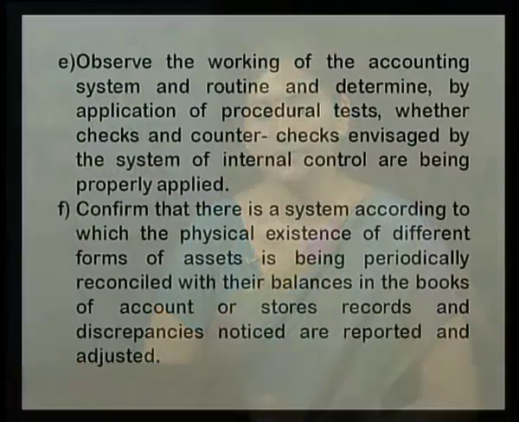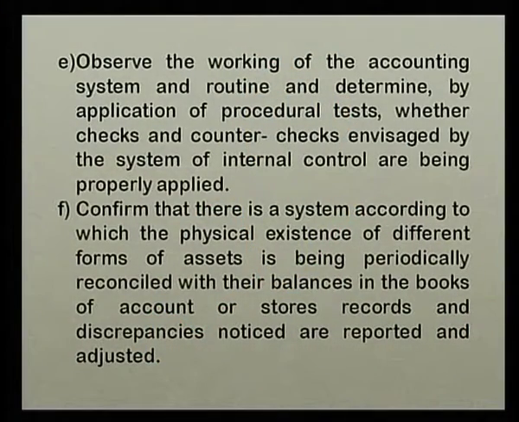Then the next one is observing the working of the accounting system and routine, and determining by application of procedural tests whether the checks and counter checks envisaged by the system of internal control are being properly applied.